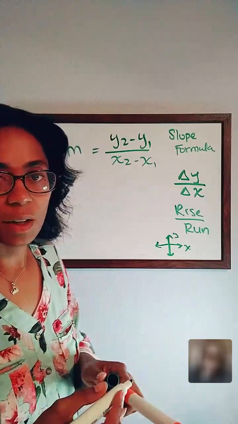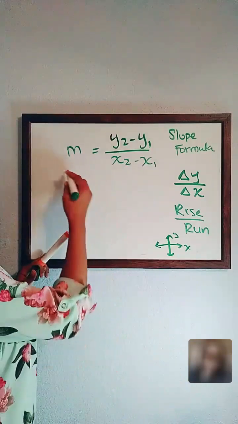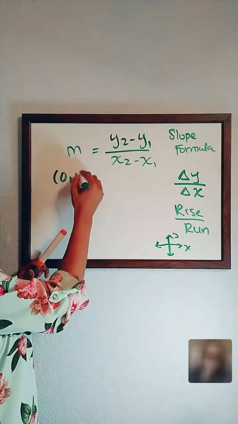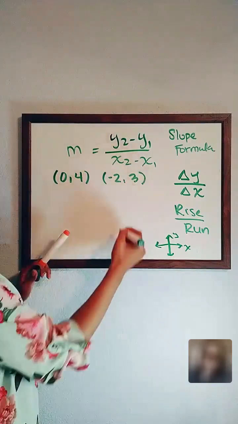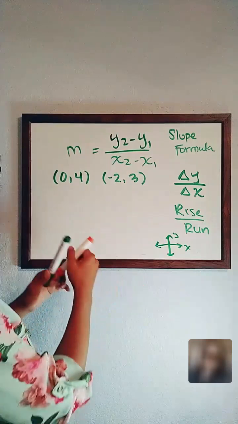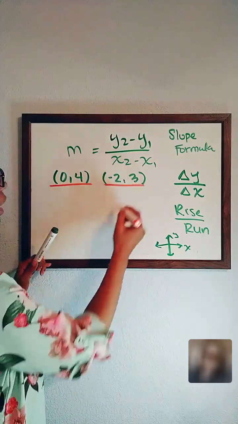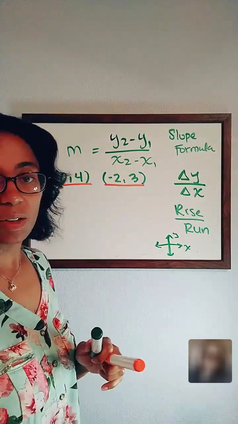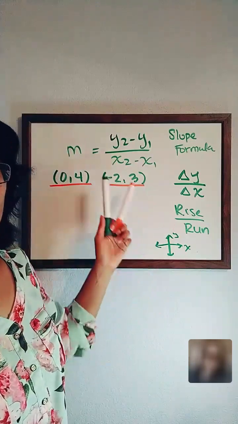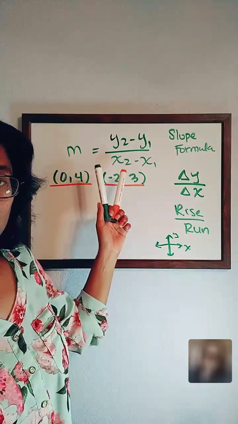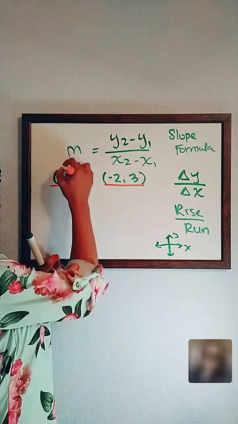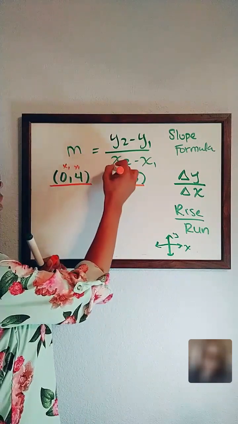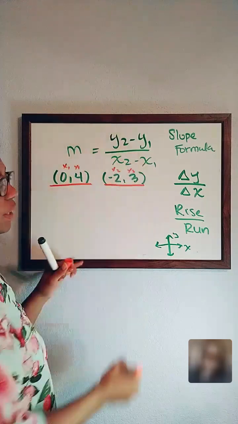So let's say we were given the points (0, 4) and (-2, 3). And I need you to find the slope. So these are 2 points that I'm given, and I need you to find the slope. So you would use this formula. This is going to be your x1, your y1, your x2, your y2, and then you just put them in the equation and subtract.